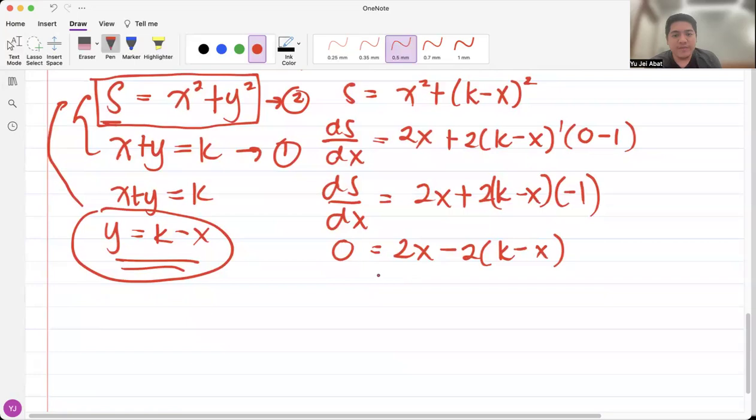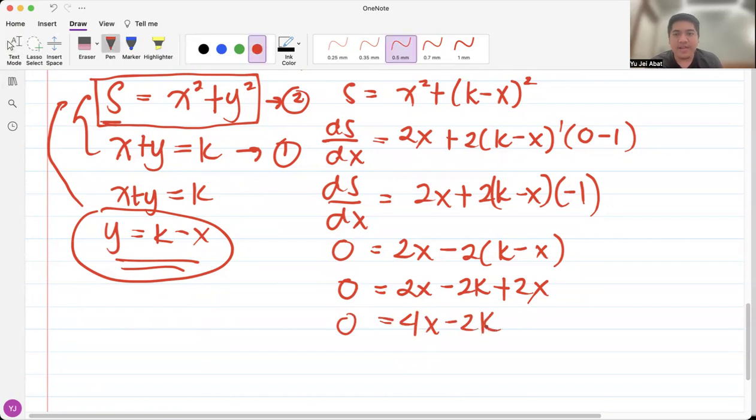If we simplify this, 2x minus 2k plus 2x equals 0. So 2x plus 2x is 4x, minus 2k. Transposing negative 2k, we have 2k equals 4x.